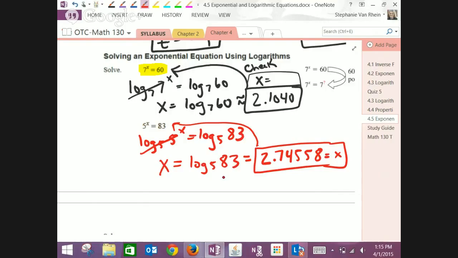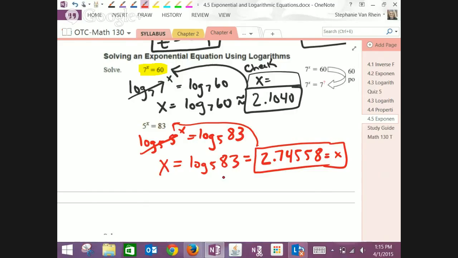So log of 83 divided by log of 5. That's the change of base formula. It's not built into the calculator. You have to do it. So you have your ln and your log.